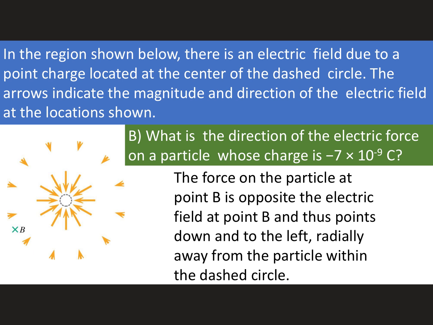Part B, what is the direction of the electric force on a particle whose charge is negative? And in fact, we could just say negative, all right? So if it's negative, then it's going to be repelled by whatever's here. Of course, what's here, there's a negative charge of some amount here.